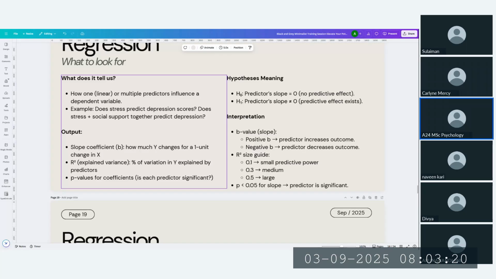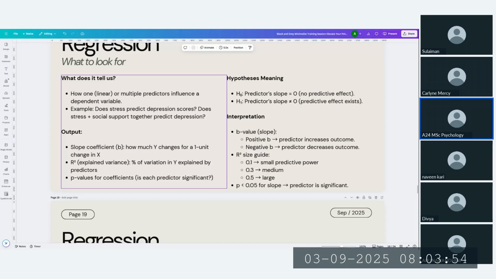If you have a positive b value, it says that a predictor, in this case stress, increases the outcome, increases depression, right? More stress, more depression. A negative b value is more stress, less depression, right? Which may not be the case. So depending on what variables you are studying, you will see positive or negative.